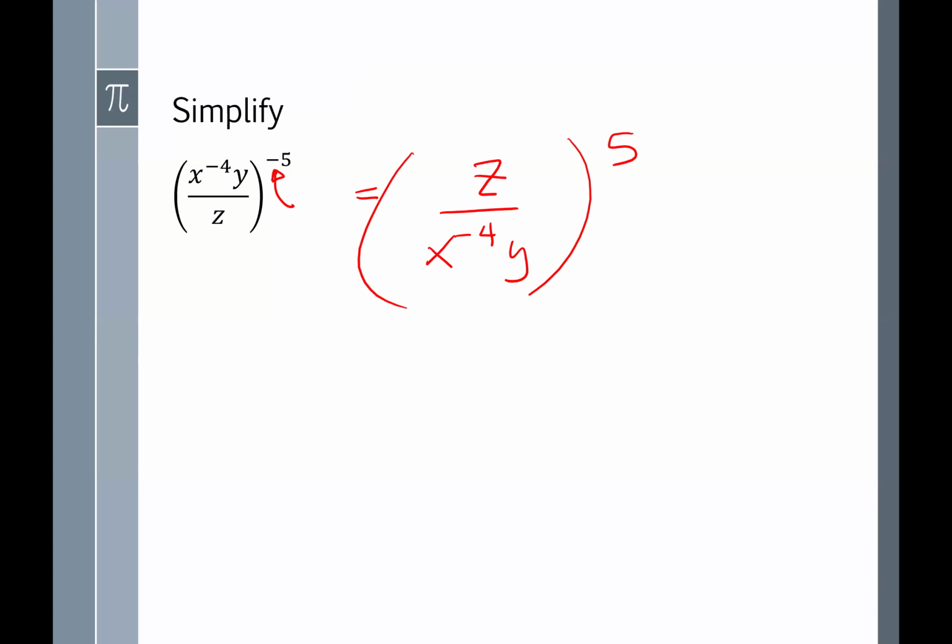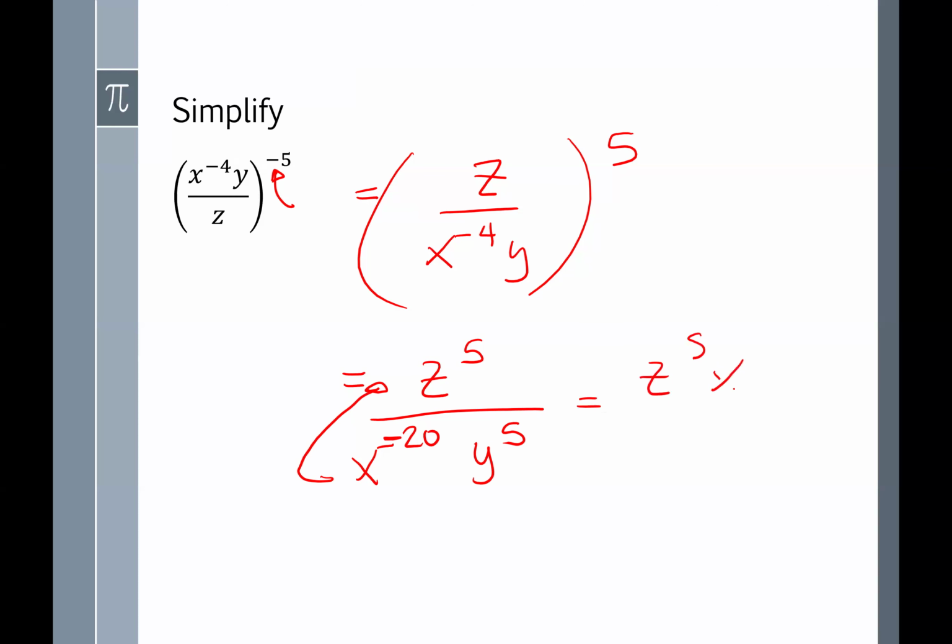And then you distribute. So you raise the z to the 5th power. You raise the x to the -4 to the 5th power by multiplying the exponents. So it's x to the what? -20. And then y to the 5th power. And then you can move that, there's a minus there. You can move this up there because the negative means reciprocal. So you can move that to the top by taking the reciprocal. Is that z to the 5th, x to the 20th over y to the 5th?